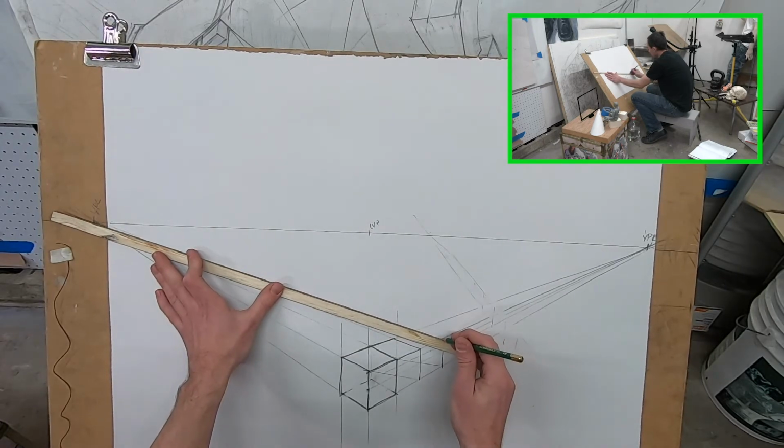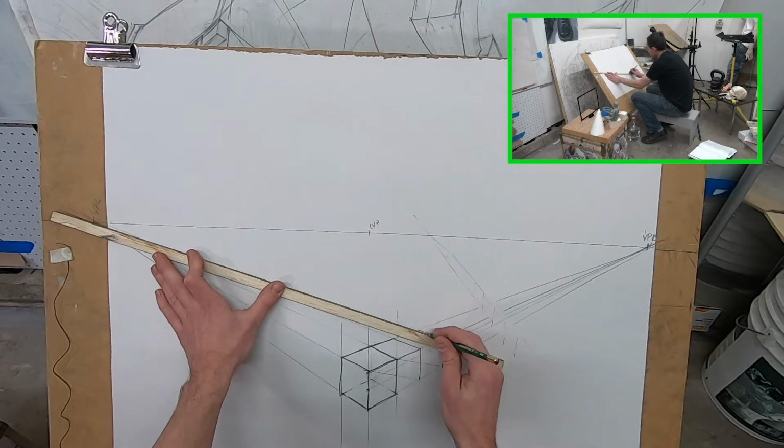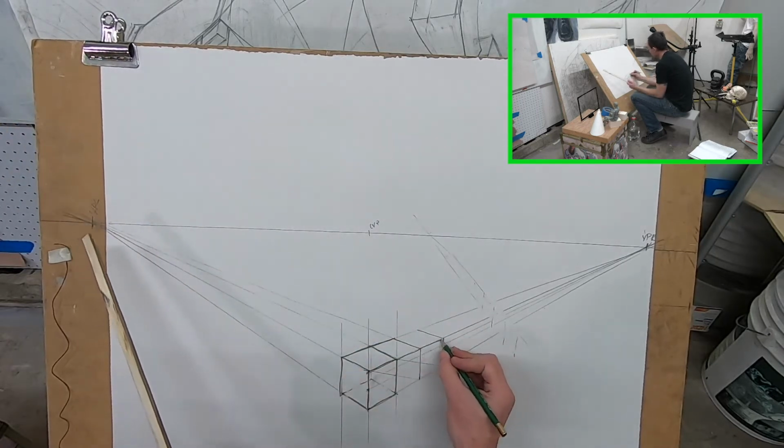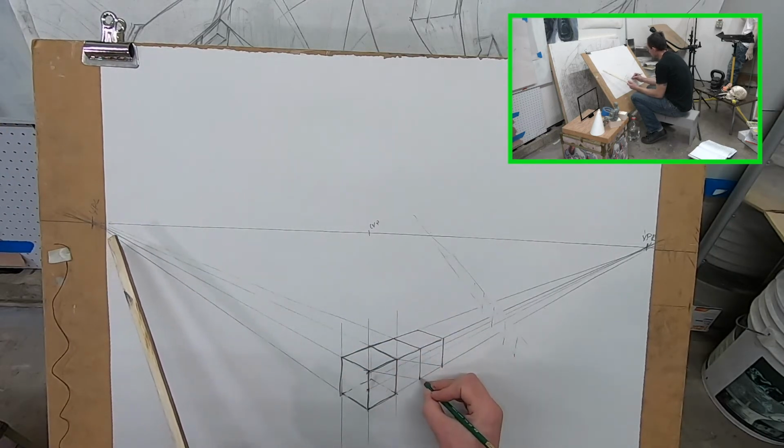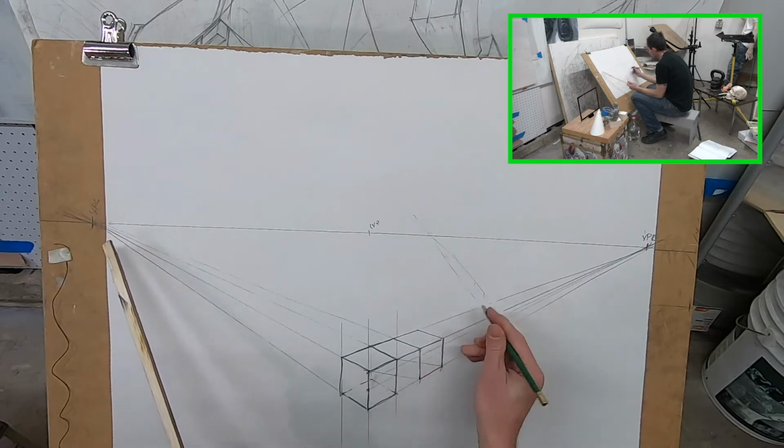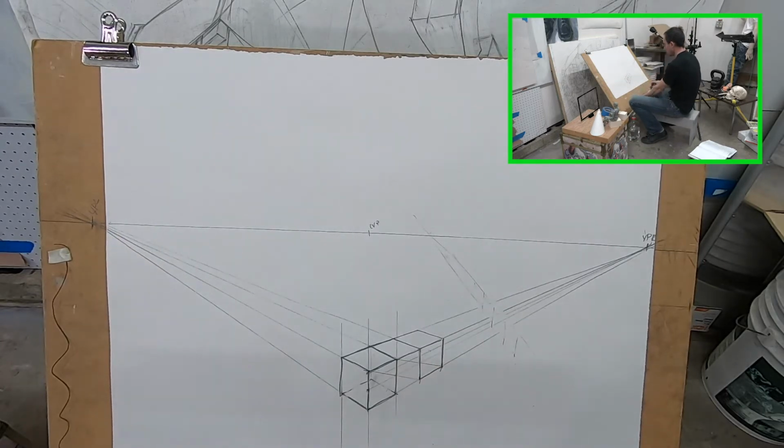And then the logic of converging angles allows me to build out the rest of that cube. All right, so that's that principle of diminution, or cube multiplication.